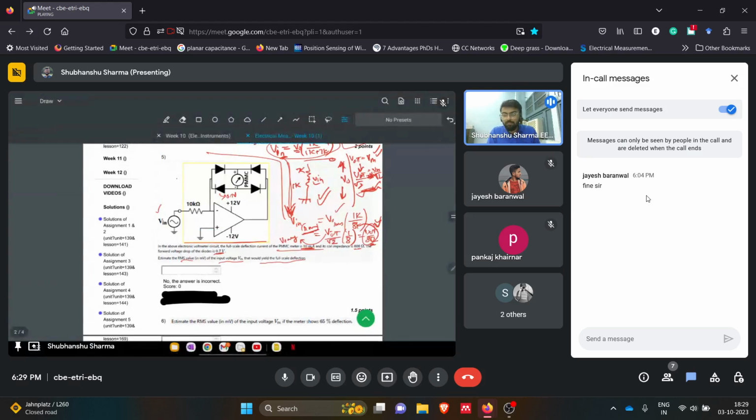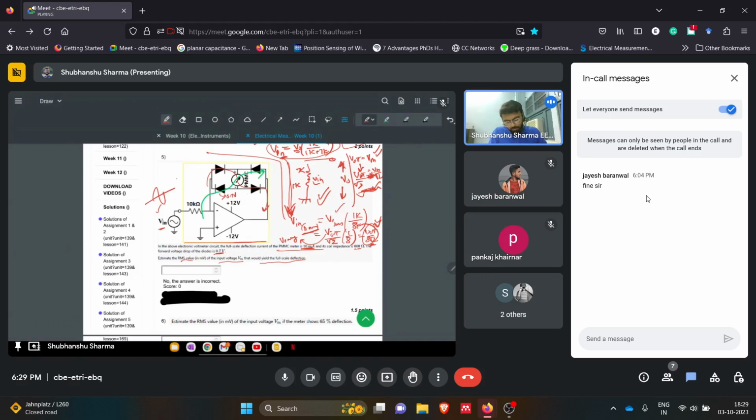Let's say we talk about the positive cycle of this V input, which was sinusoidal. For the positive cycle, the current will go like this. For the negative cycle, the current will go like this. So these are two current paths.